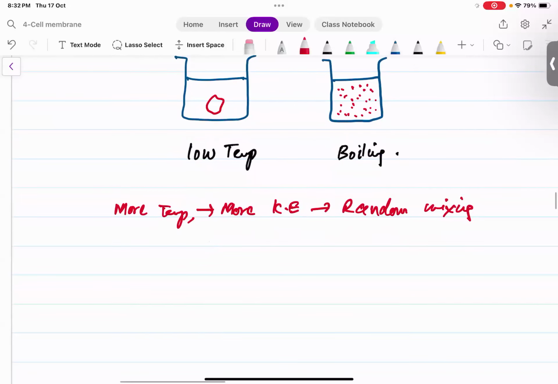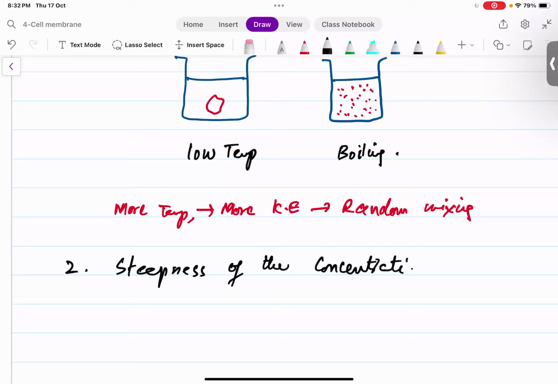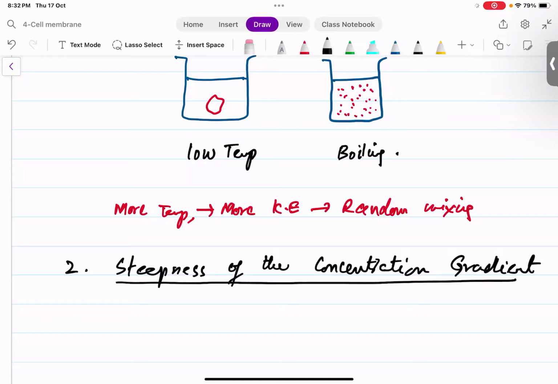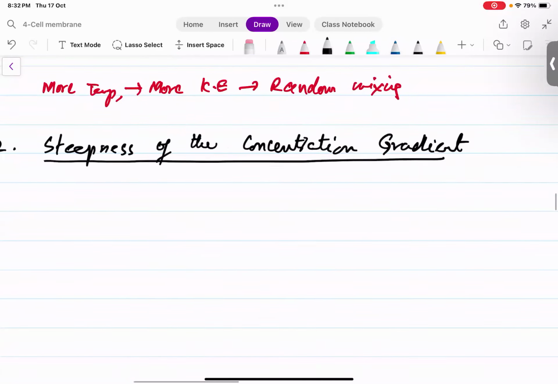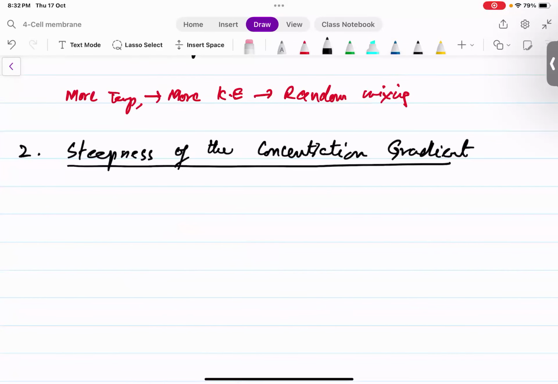Number two is steepness of the concentration gradient. The steeper the concentration gradient, the faster the rate of diffusion.